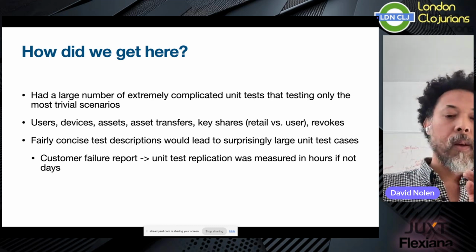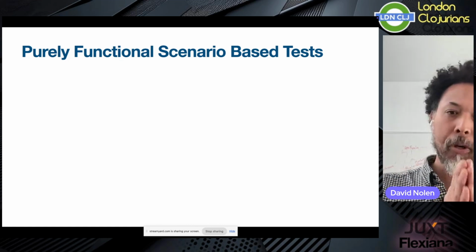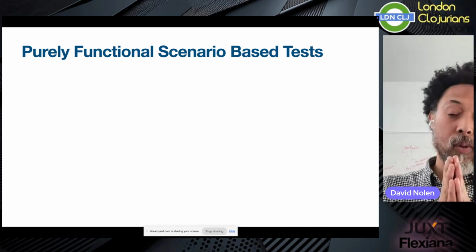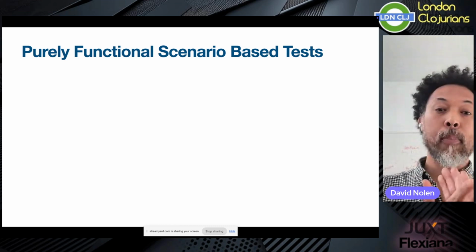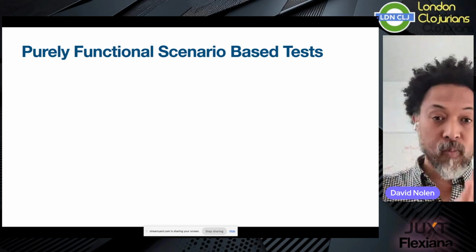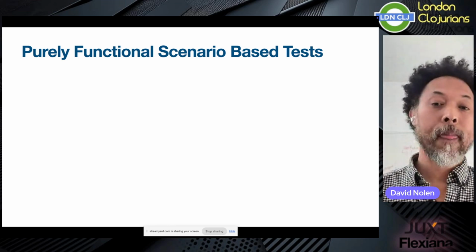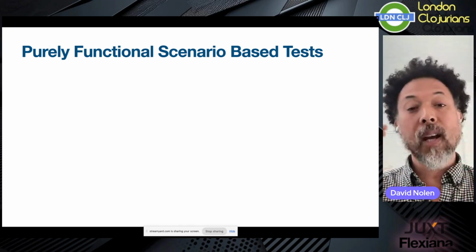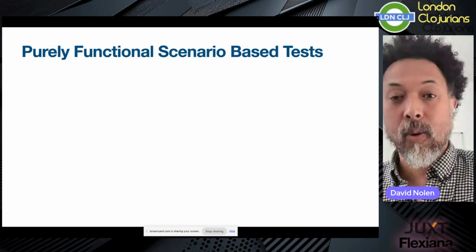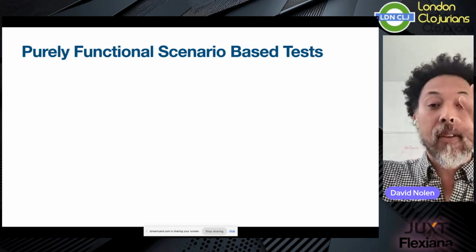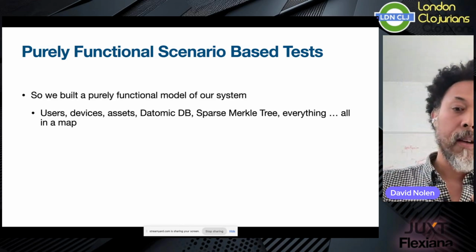And so that led us to doing the first step that allowed this stateful generative testing to work well: first we built a purely functional scenario-based test where we could, in a functional way, describe the scenario. We had to lift our unit tests into a higher level of abstraction, and also make those unit tests purely functional.